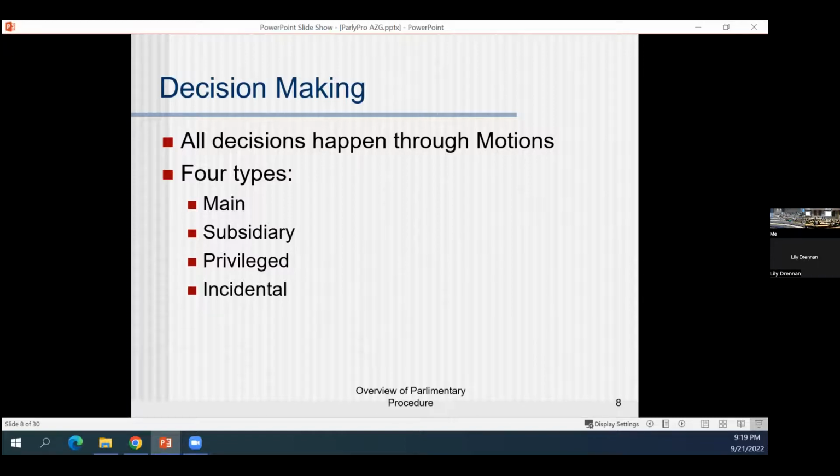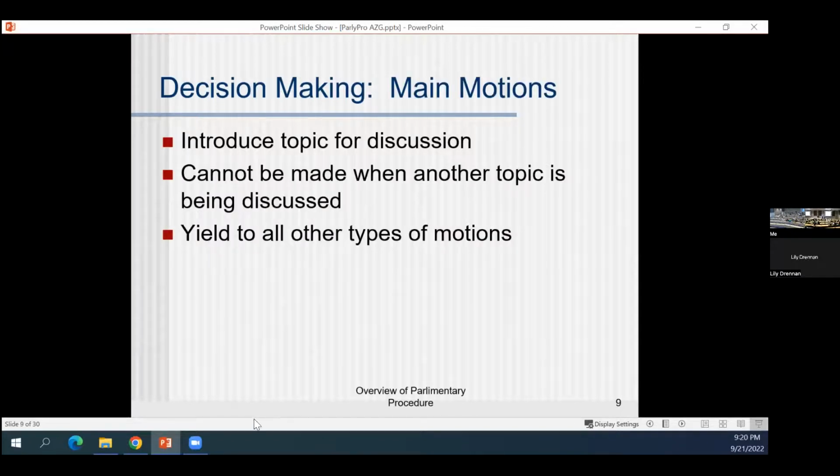That needs to be taken care of first so that people can hear everything that's being said and focus on the main motion. So the main motion is the business we're trying to do, but it actually, as we'll see in a minute, is one of the last things in order of precedence in parliamentary procedure.